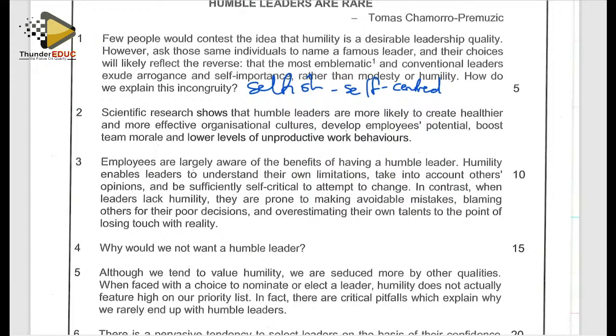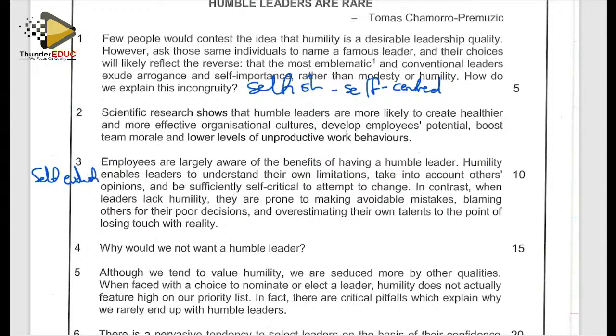When it says understand their own limitations, it means that they know the extent of their capabilities. Take into account others' opinions, that is democratic. Be sufficiently self-critical to attempt to change, which means they will view themselves, evaluate themselves. I believe those are the things of people who have self-evaluation.